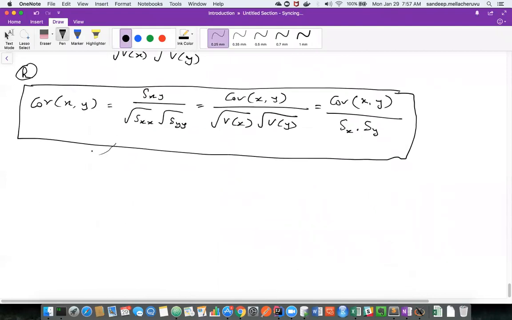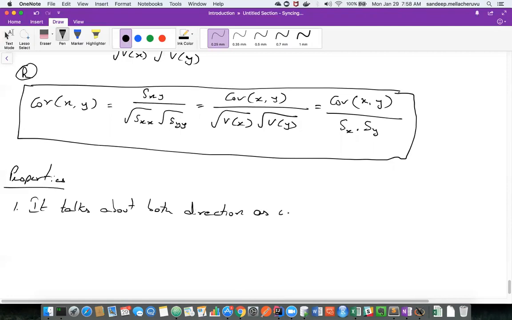Okay, let me write the properties of correlation as well, and then we'll close the session. I already explained the properties, but I wanted to write them down. The first thing is, it talks about both the direction as well as the strength of the relationship.